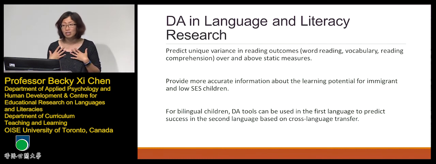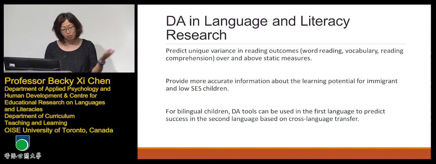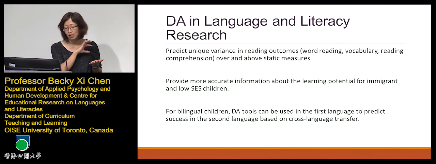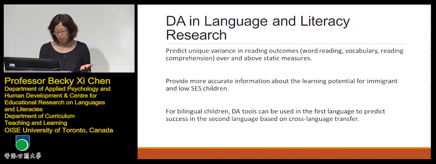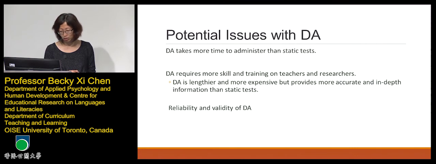A lot of my research is done with children enrolled in French immersion programs in Canada. Because their French proficiency is very poor in the early grades, we assess them in English, and we use their English performance to predict French outcomes. So we also use dynamic assessment to identify reading disabilities. I think I've covered all of these already.